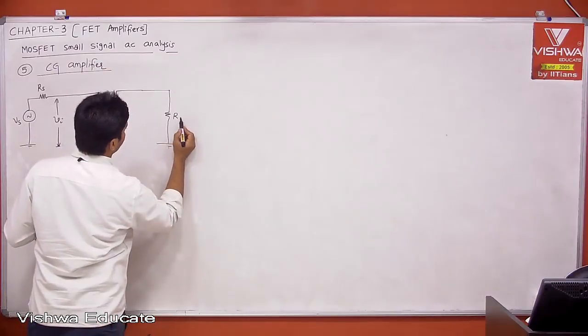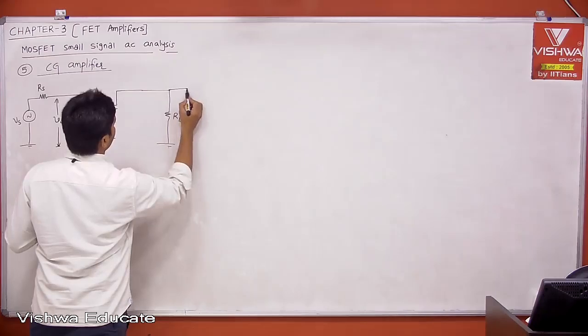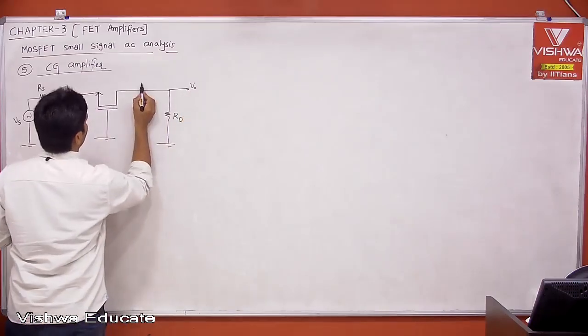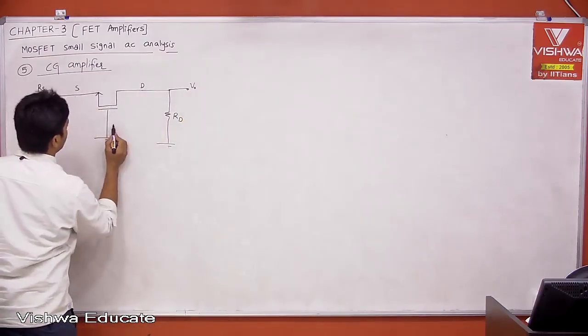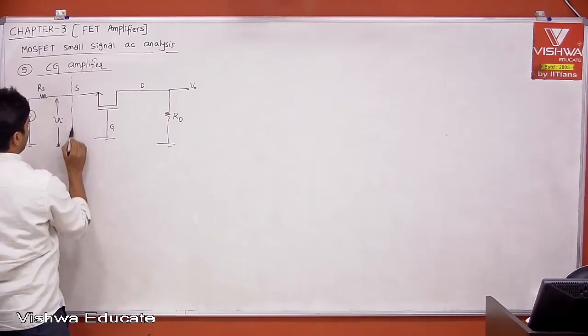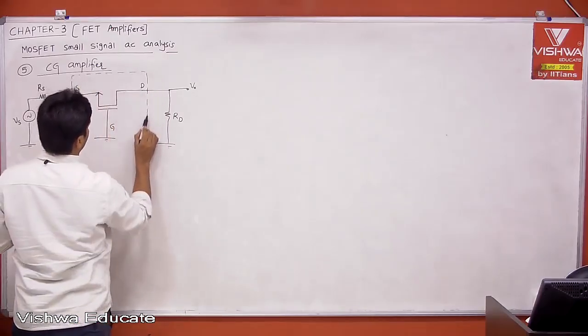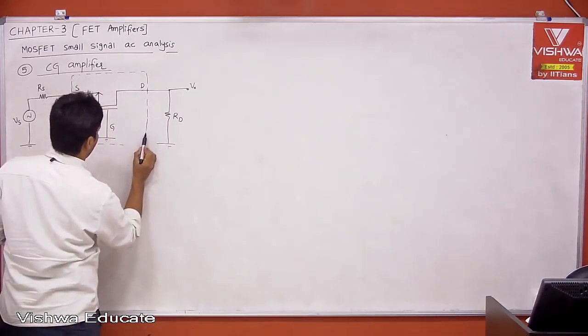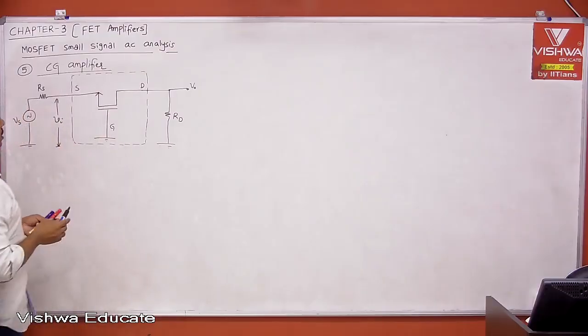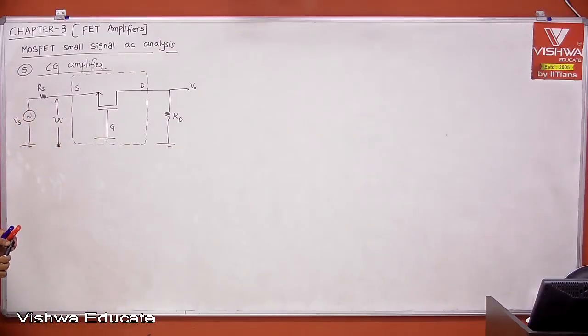This is RD, and this is your V0, drain, source, gate. This is the common gate amplifier.